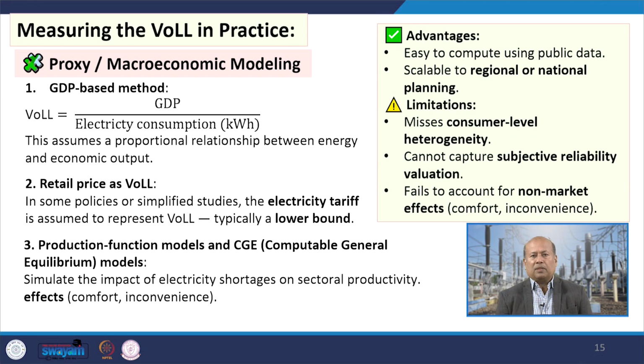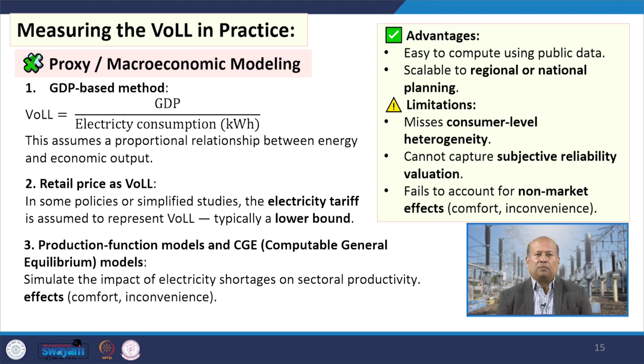The limitations are that it misses consumer-level heterogeneity, cannot capture subjective reliability evaluation, and fails to account for non-market effects like comfort and inconvenience. The GDP-based method is VoLL equal to GDP divided by electricity consumption in kilowatt hours. This assumes a proportional relationship between energy and economic output.